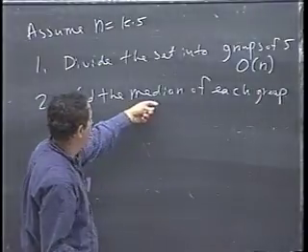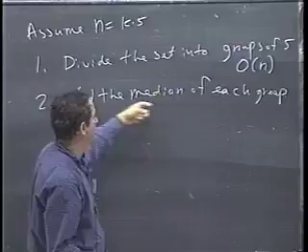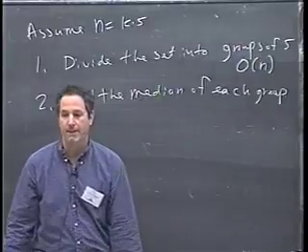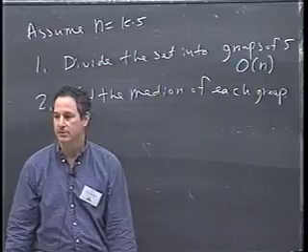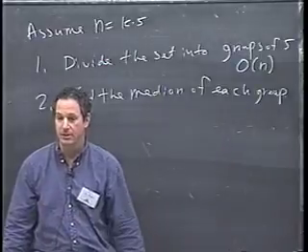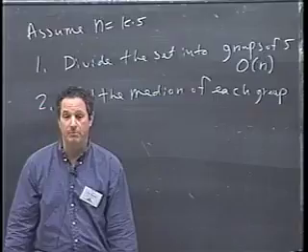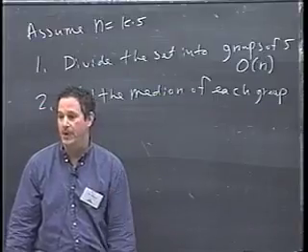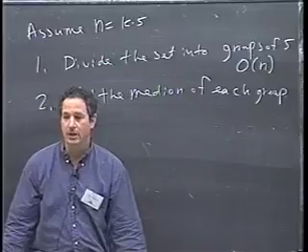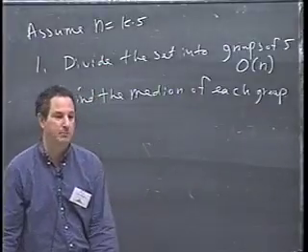But how much time does it take you to find the median of each group? Well, okay, but the way I phrased the question was how much time does it take for a single group? Just constant time. 5 is a fixed number.